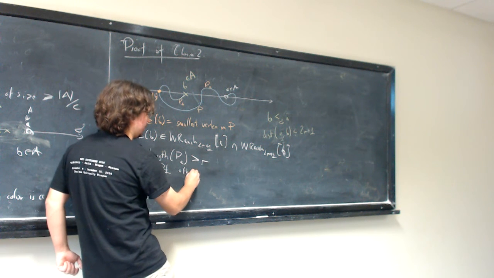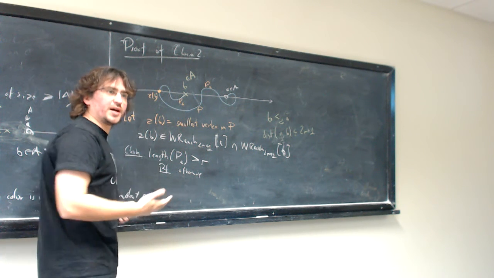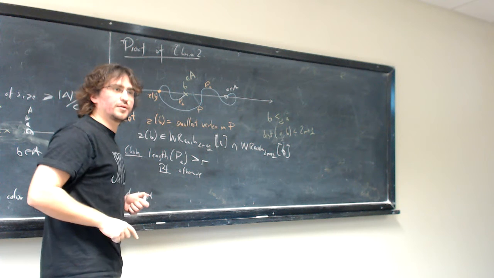Otherwise, what would happen? What did the algorithm do? The algorithm was adding consecutive vertices to A, in order.